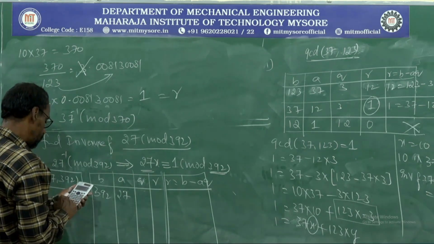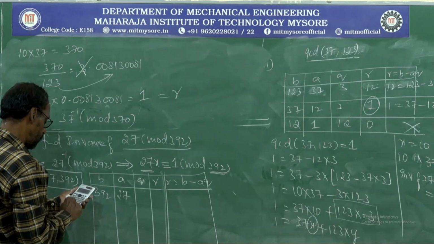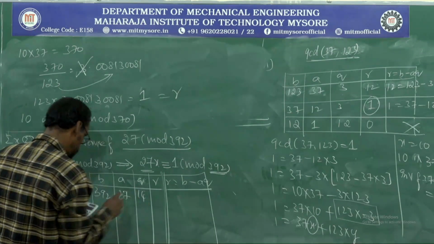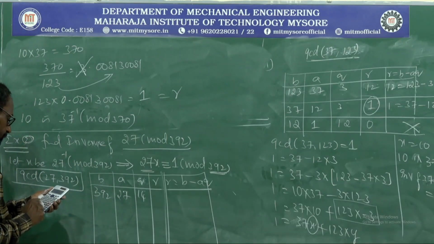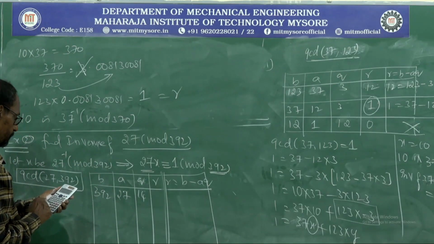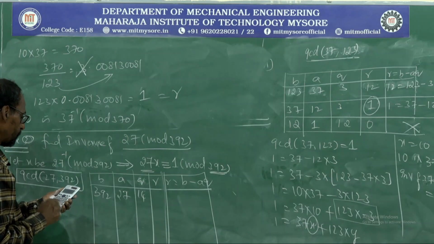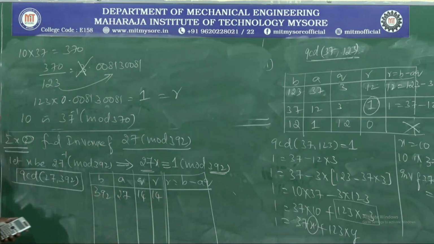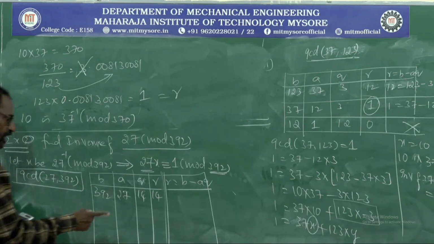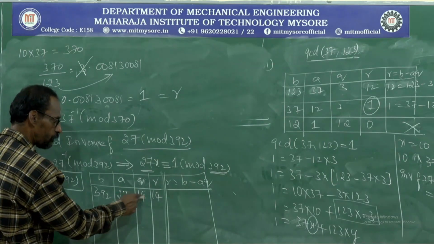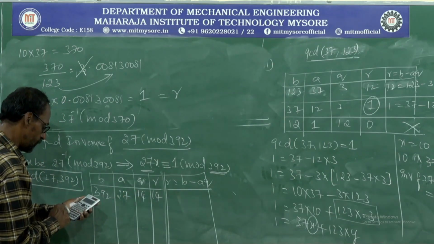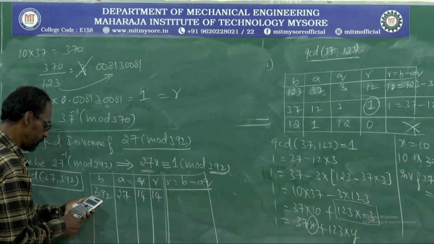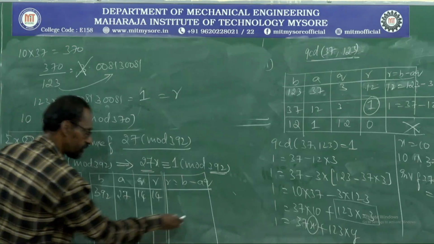So we have 392 divided by 27. It is 14. You can cross check: 27 into 14 plus 14 is equal to 392.